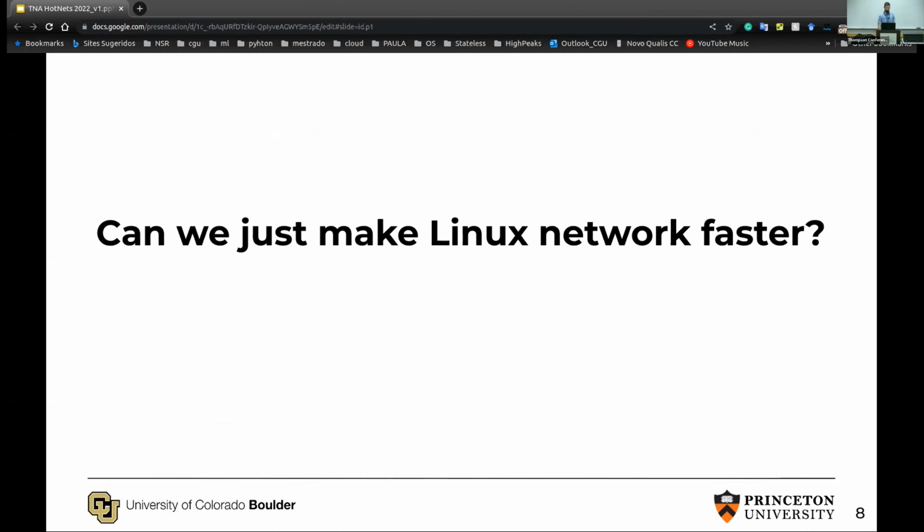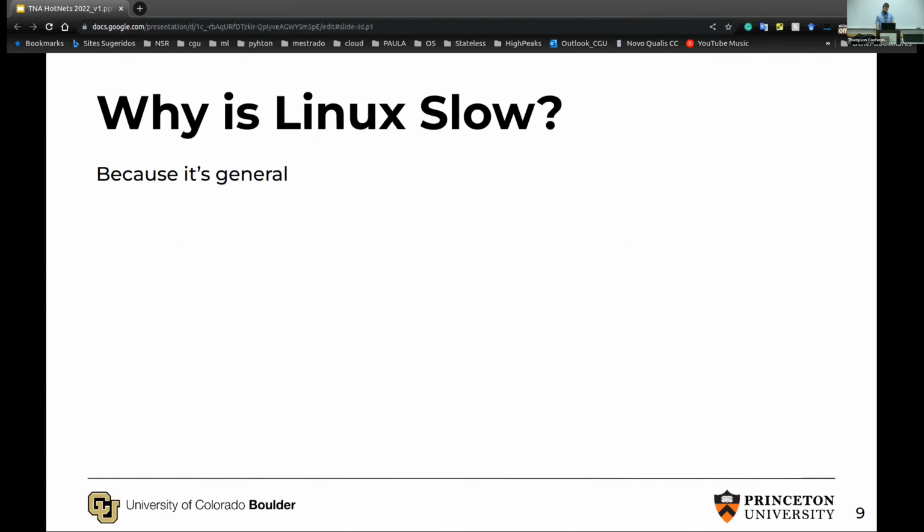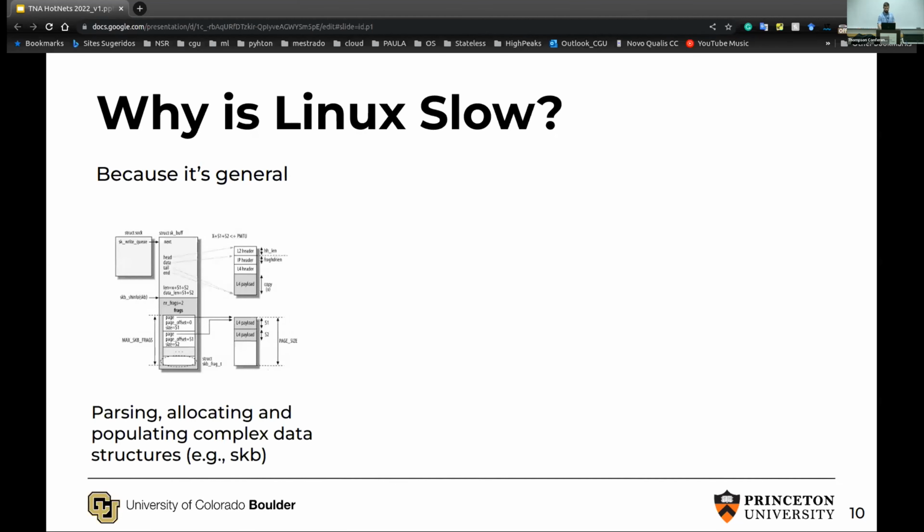So in this work, we ask, can we just make Linux faster so that we can leverage its good features to build services rather than just bypassing it? To make Linux faster, the first step is to understand why it is slow. And the answer is that its networking is built to be general, and it needs to support different types of use cases and scenarios while handling complex corner cases.